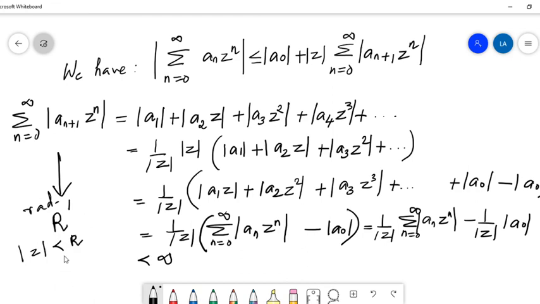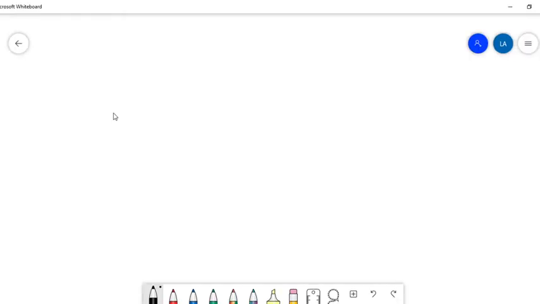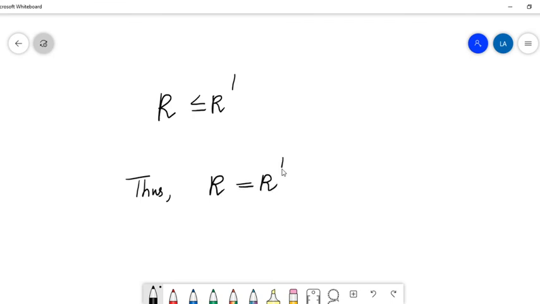So in this case, we just proved that R is less than or equal to R dash. Thus, what we proved is R is equal to R dash.